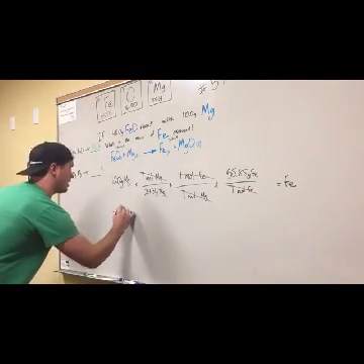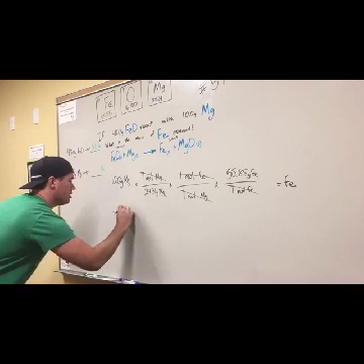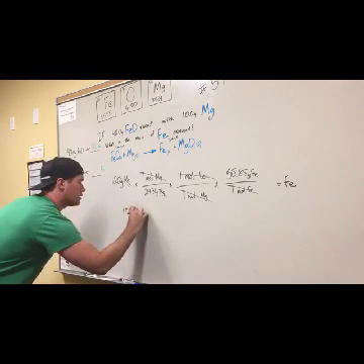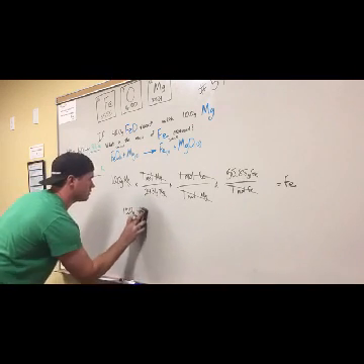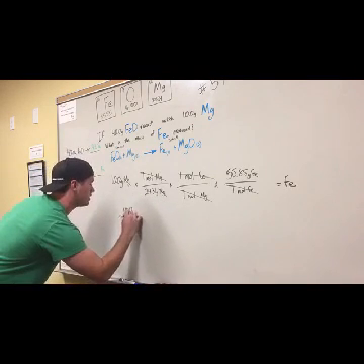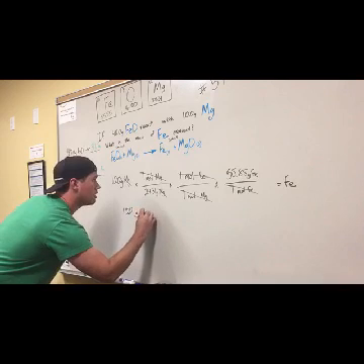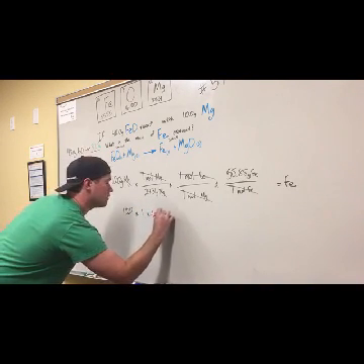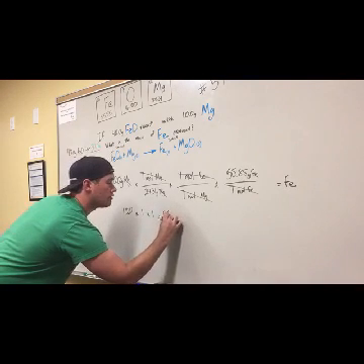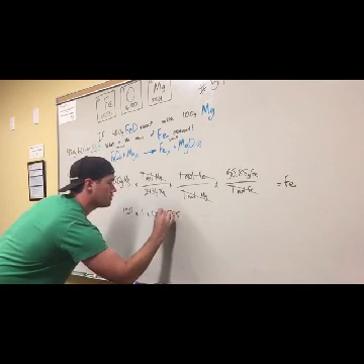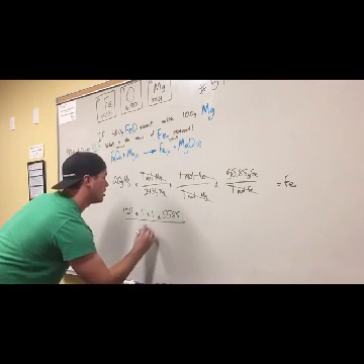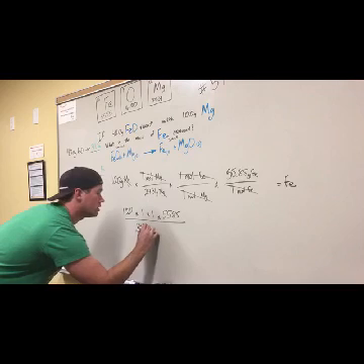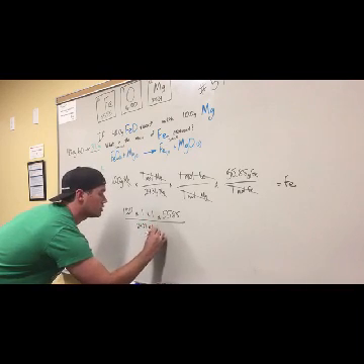So when we rewrite that out to enter into a calculator, 10.0 grams of magnesium. Sorry, we'll just put this going in the calculator. So 10 times 1 times 1 times 55.85 divided by 24.31 times 1 times 1.